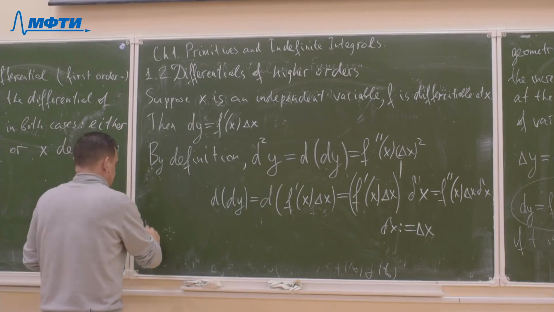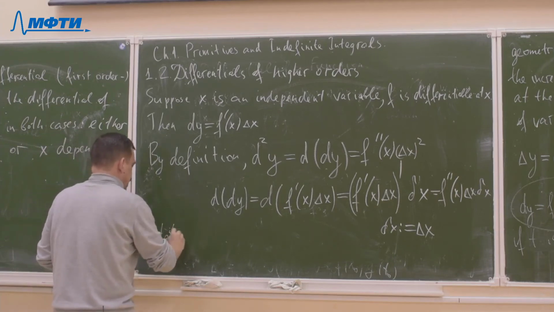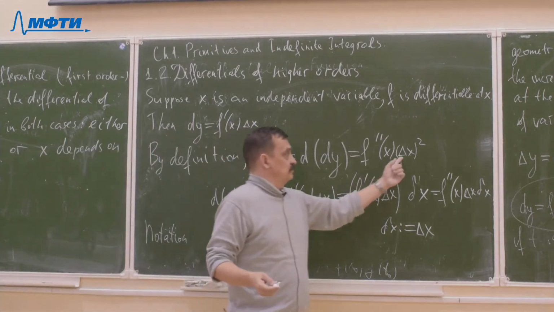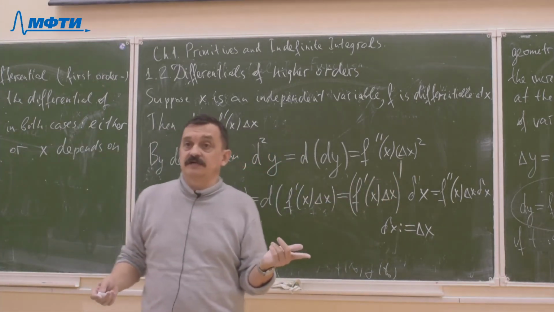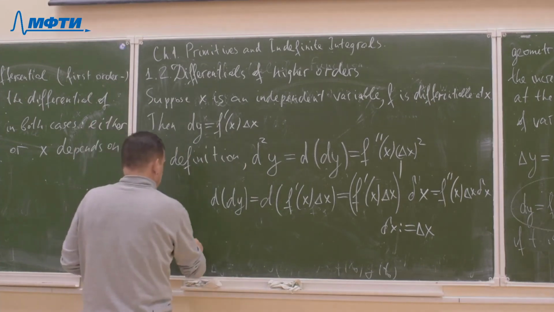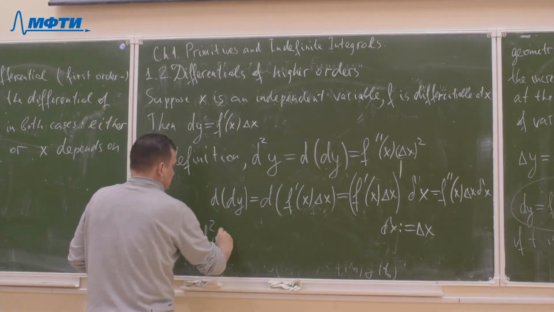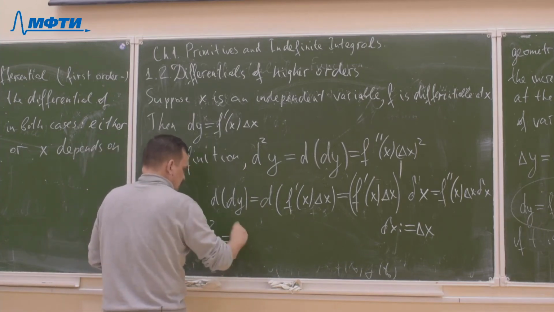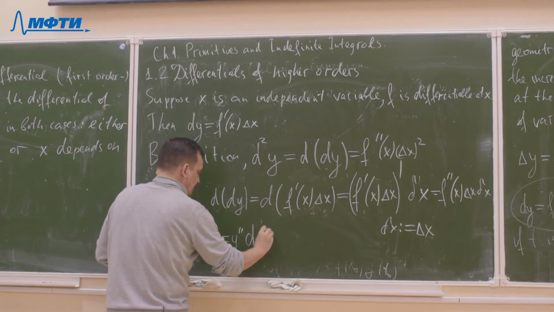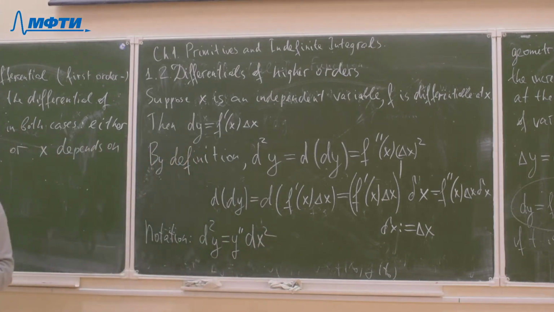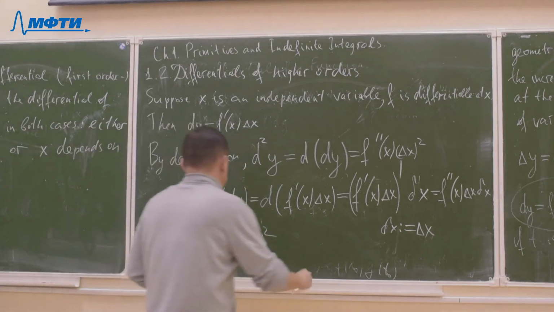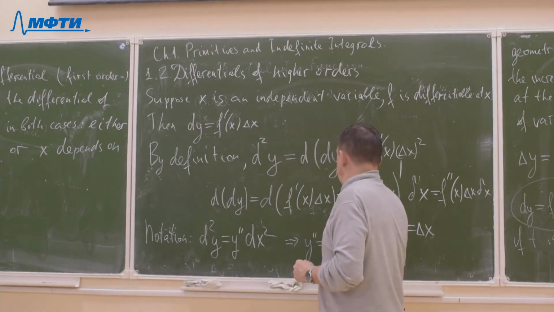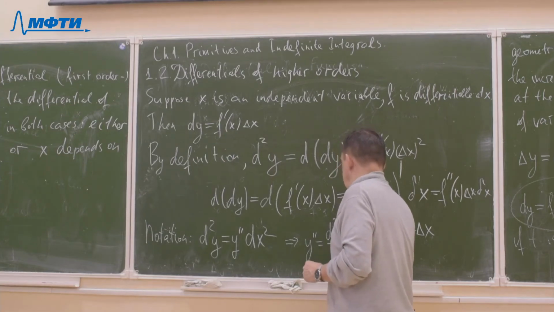There is a standard way to write it down. So, notation. Remember that we denote delta x by dx. Using this notation, we have d2y equals y double prime dx squared. Or the second derivative equals d2y over dx squared.